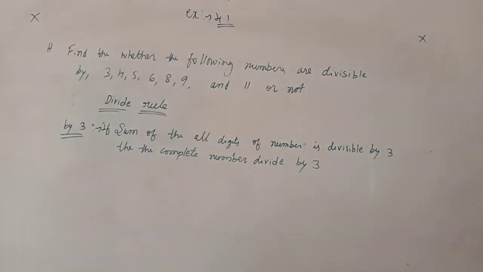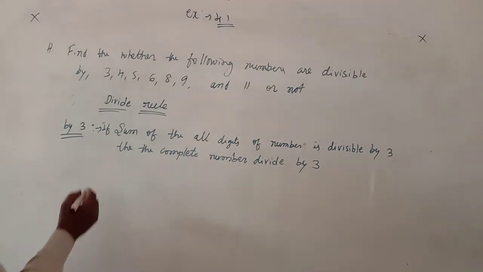So we have to check whether the sum of the digits can be divided by 3. If the sum of all digits is divisible by 3, then only the number is divisible by 3.